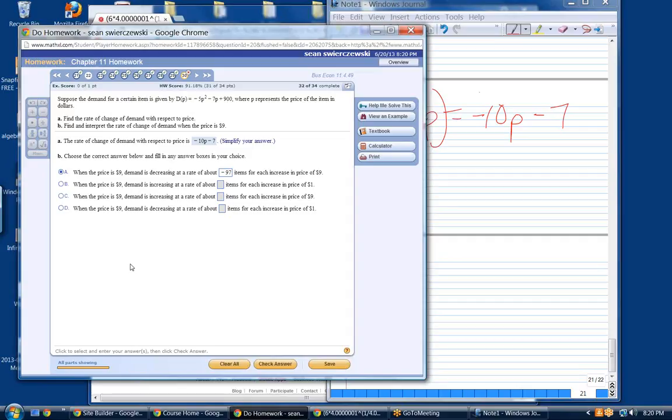I didn't realize this was a multiple choice. I thought it was an A, B, C, D problem. I thought we had to answer each of these. I get it now. All right. So, yeah, we don't want that because it's not 97 for each price increase of $9. It's 97 for each price increase of $1.